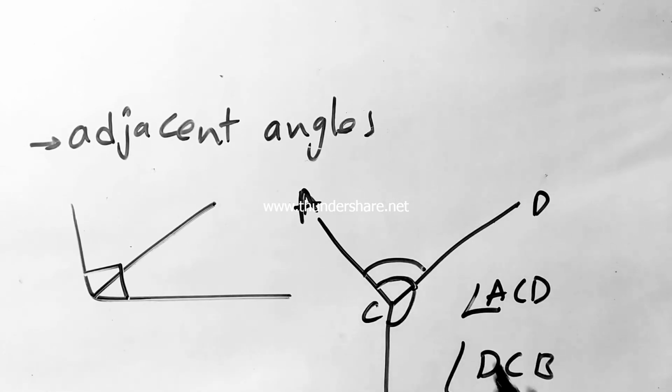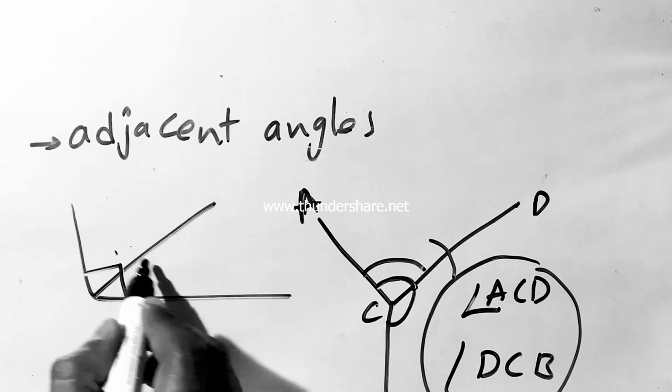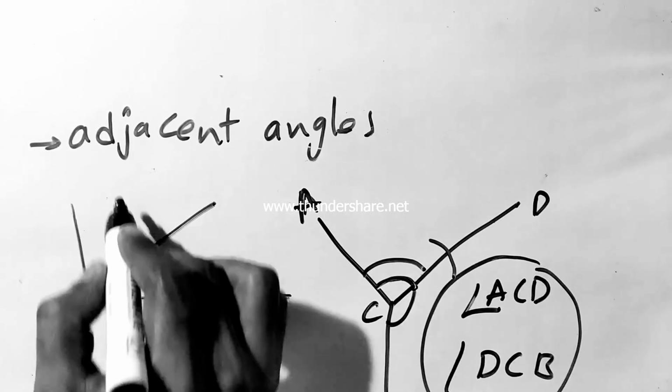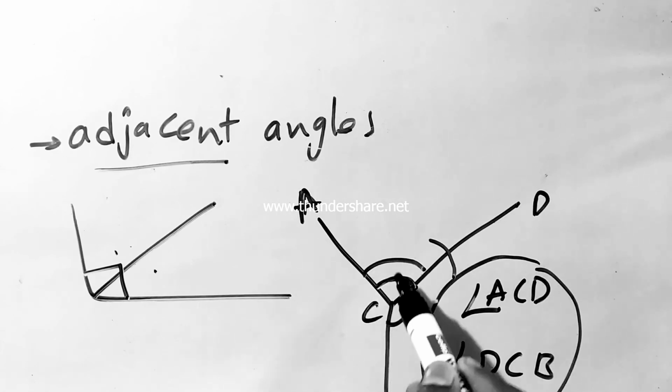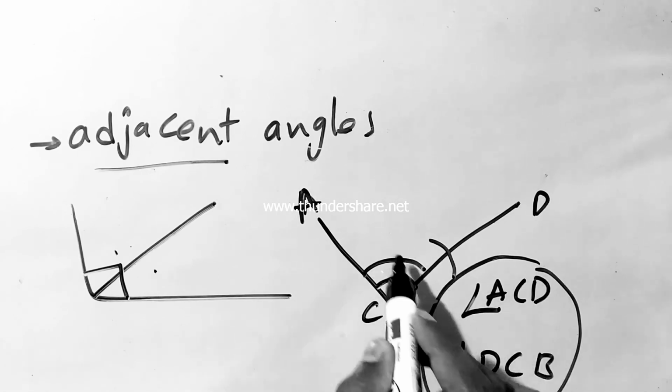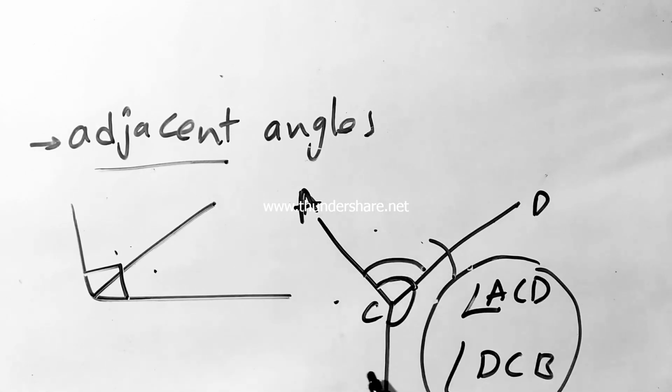That's why these two angles are adjacent angles. And here also these two angles are adjacent angles. Adjacent is nothing but side by side together, this side and this side.